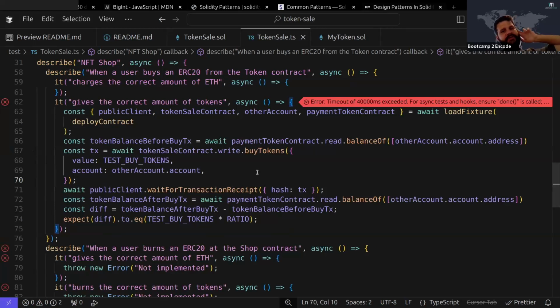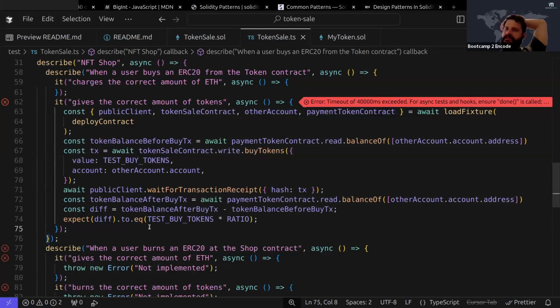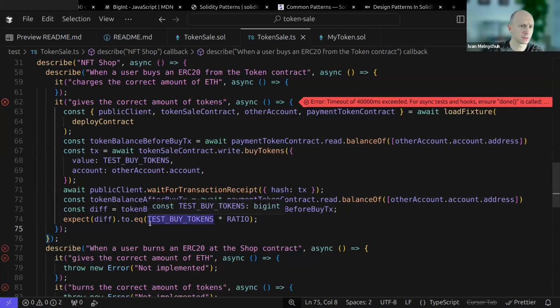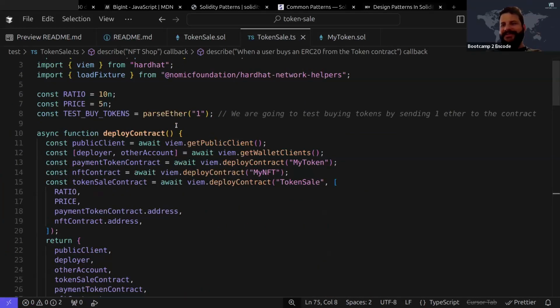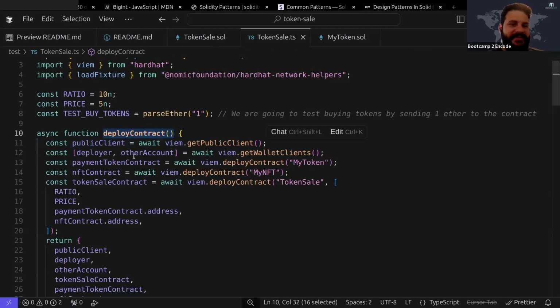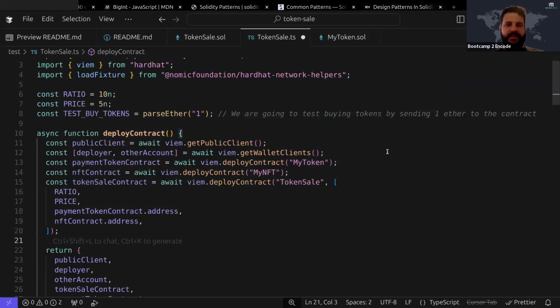So how would you suggest giving the minter role to the token sale contract? Well, as a part of the setup in the deploy contract fixture. Wonderful. You are guiding the lesson. Thank you. So in the deploy contracts setup, after I deploy token sale, before I end the execution, I could do something like this.